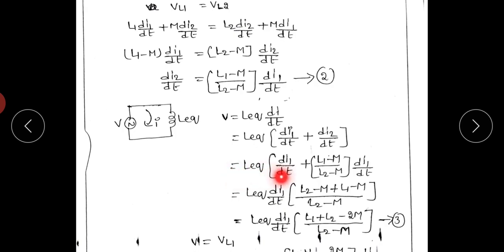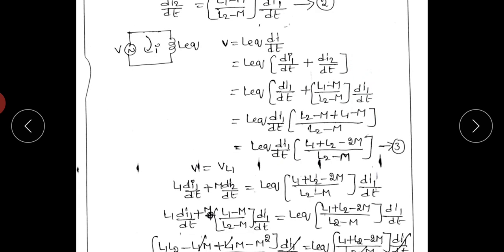Substitute di2 by dt, which equals L1 minus M by L2 minus M into di1 by dt. By taking di1 by dt common, we can write: L equivalent into di1 by dt into L2 minus M plus L1 minus M by L2 minus M, or L equivalent into di1 by dt into L1 plus L2 minus 2M by L2 minus M.